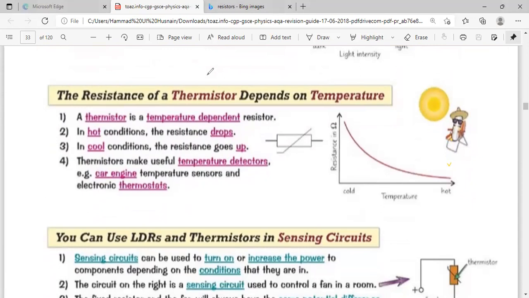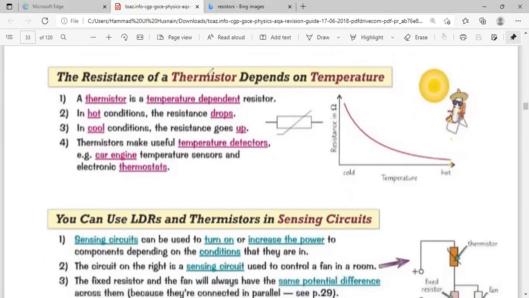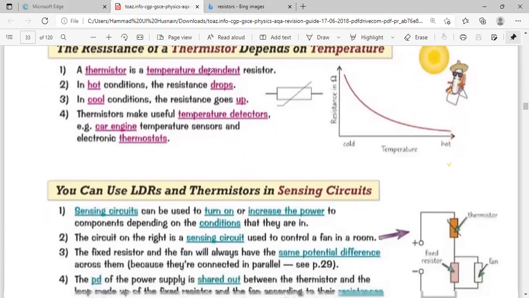In hot condition, the resistance is low, and in cold condition, the resistance goes up. Thermistors are basically used in different types of temperature detectors, for example, in car engines or temperature sensors.